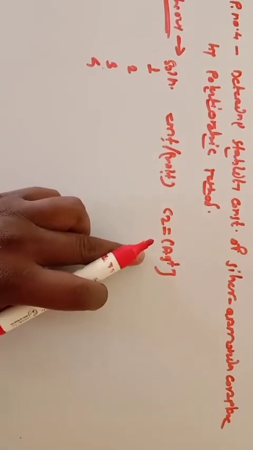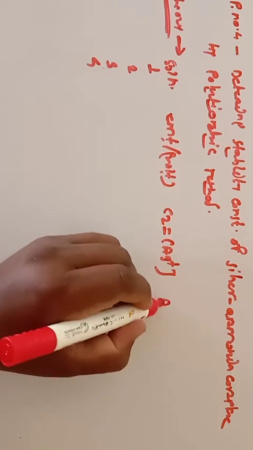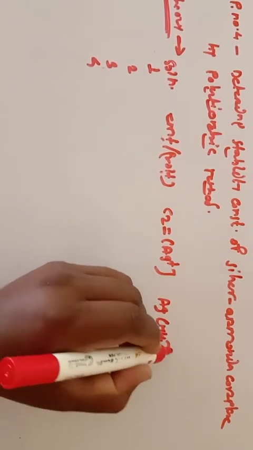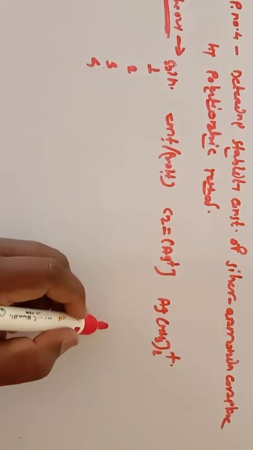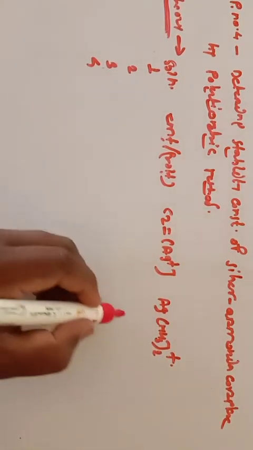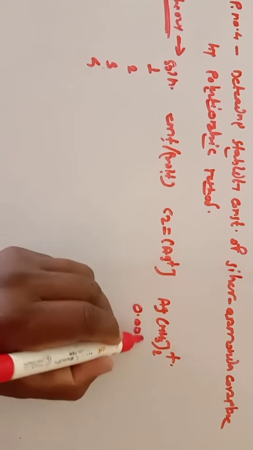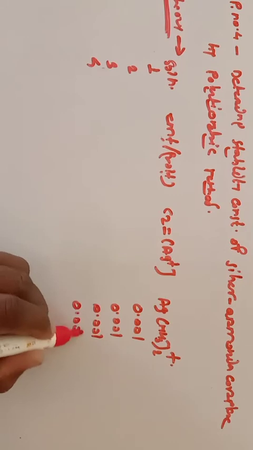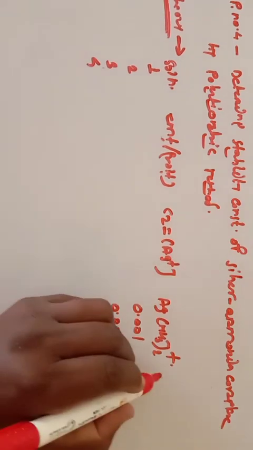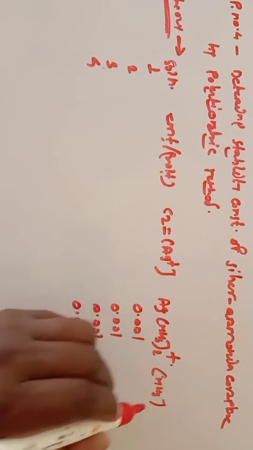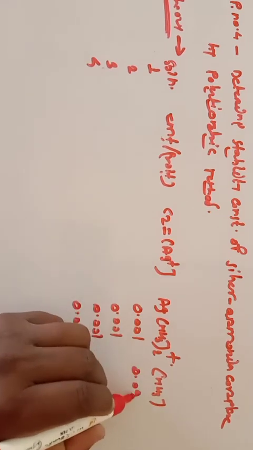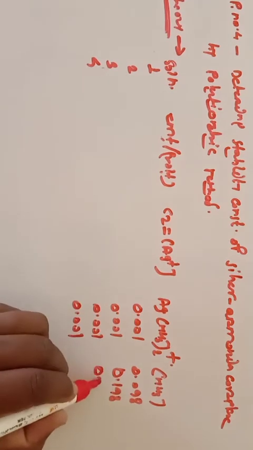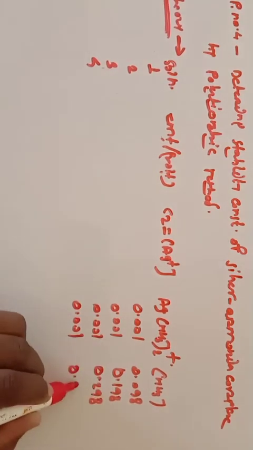Then the concentration of the silver ammonia complex for each flask is given, that is 0.001, 0.001, 0.001, 0.001, and the concentration of ammonia is also given, that is 0.0098, 0.198, 0.298, and 0.398.